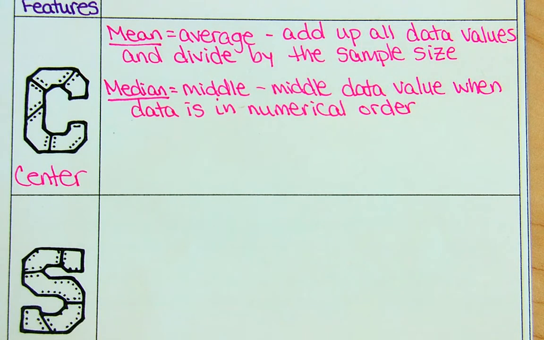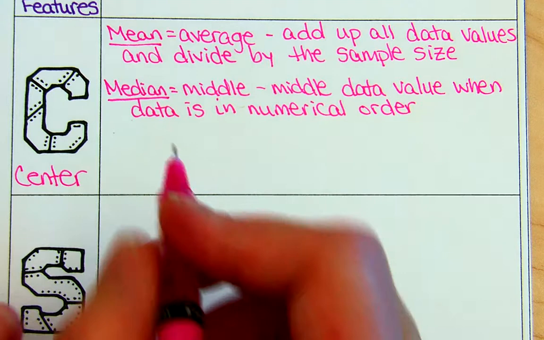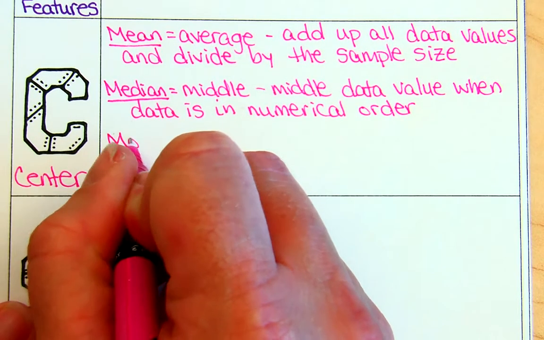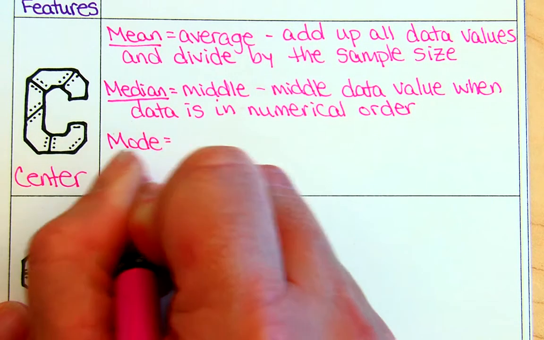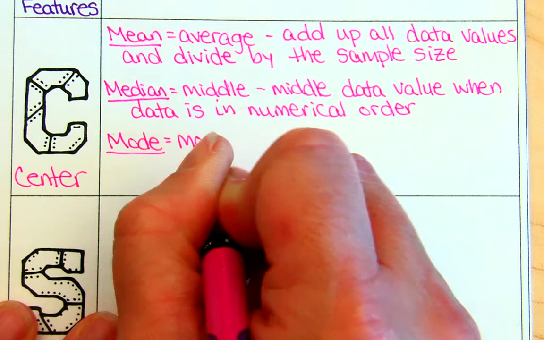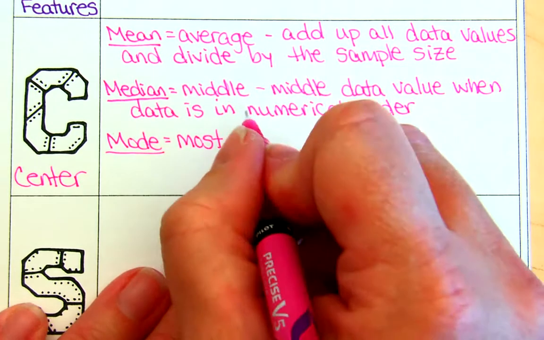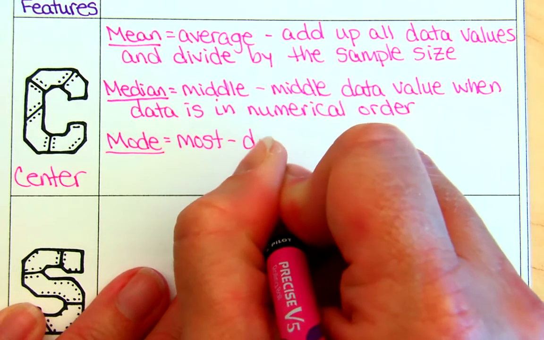What do we think the third one is? Mode. The mode is the most. So it's the data value that occurs most often.